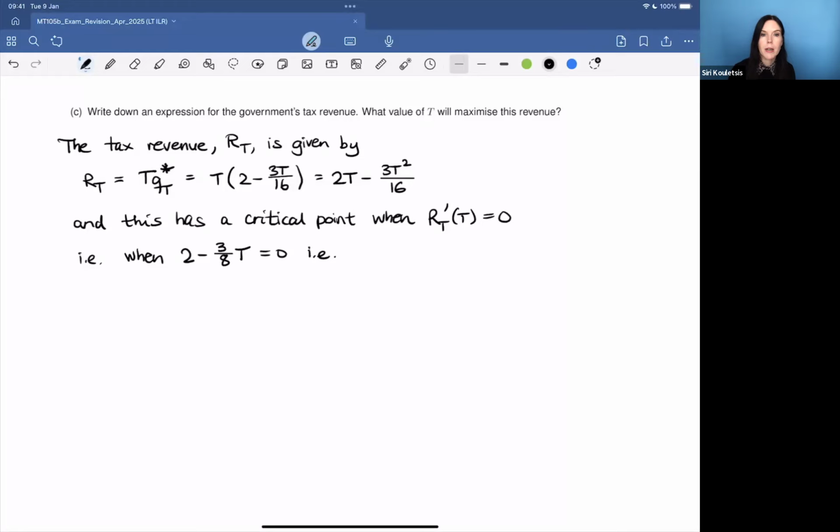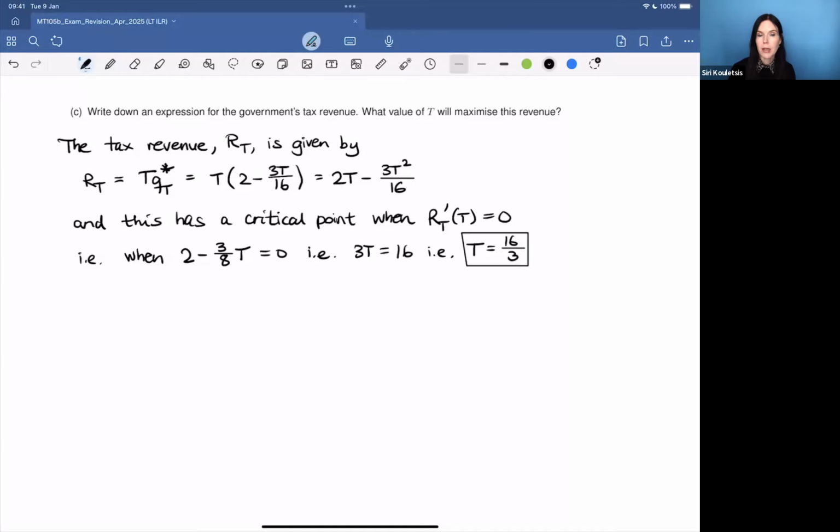We can multiply both sides by 8 and rearrange. And we find that the revenue function has a single critical point at T equals 16 over 3.